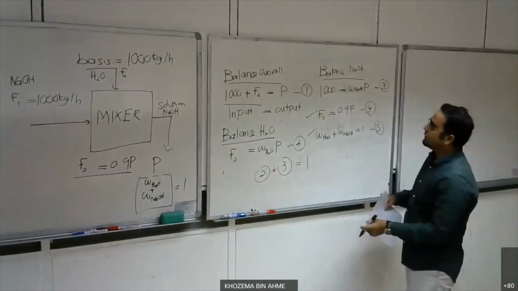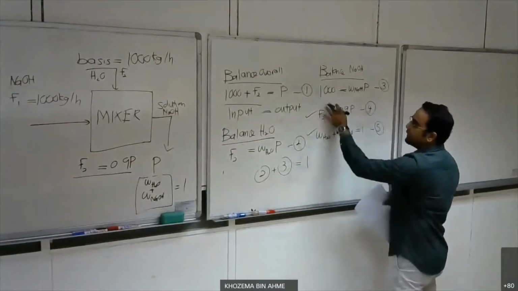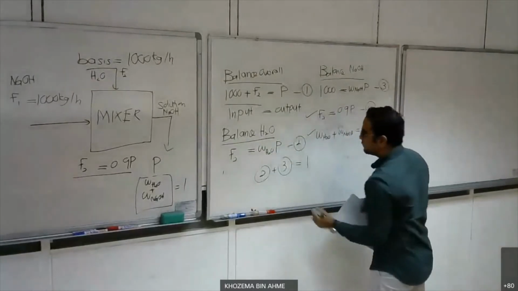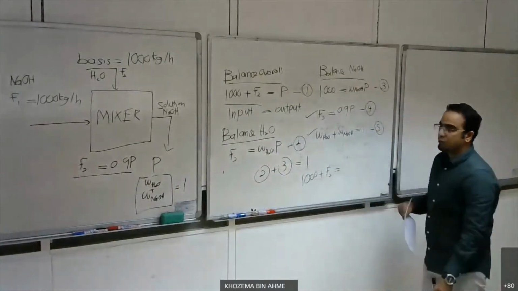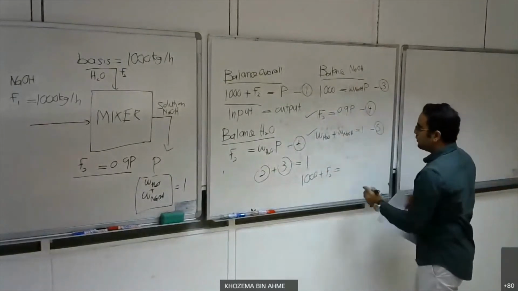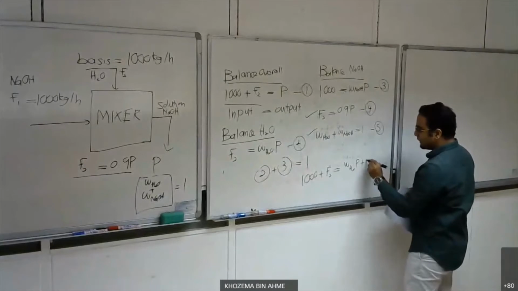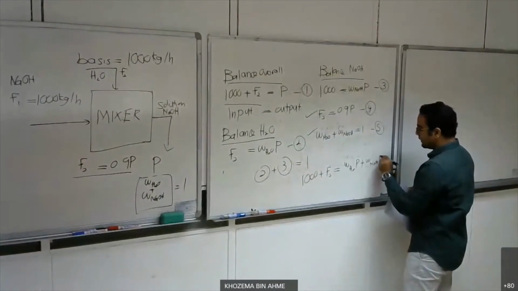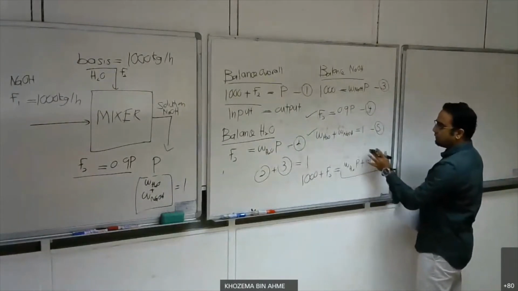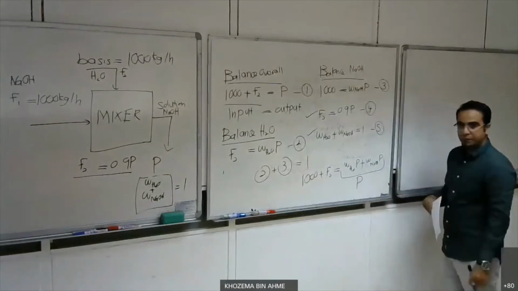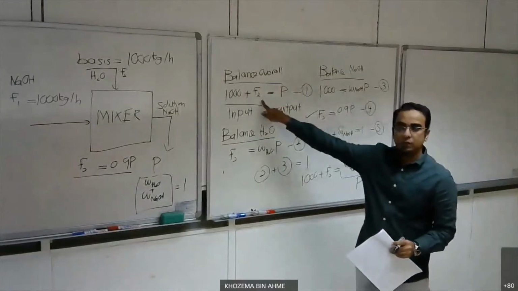If I just add equation 2 and equation 3, I get 1000 plus F2 is equal to W H2O times P plus W NaOH times P, and this whole term gives me P. So this new equation is equal to equation number 1.